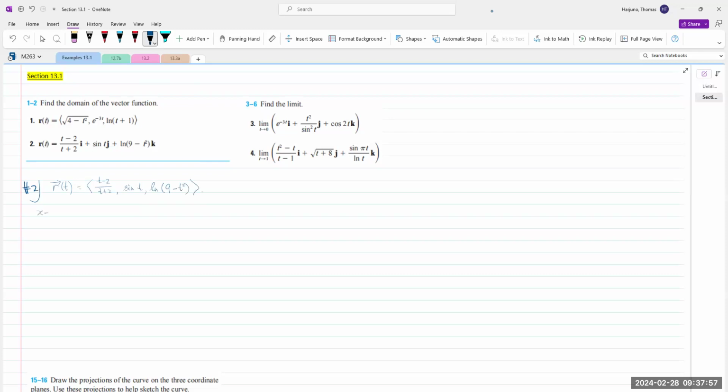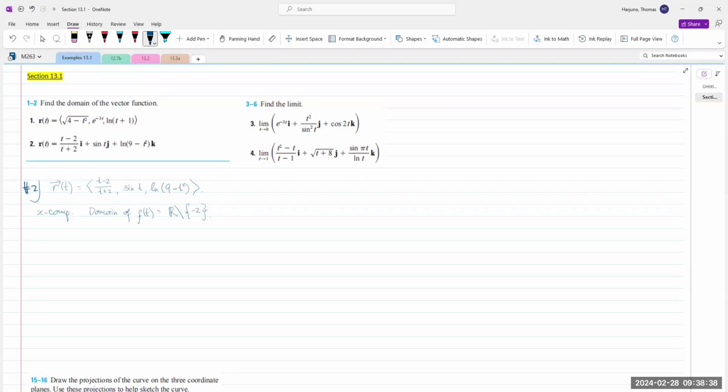Okay, for the x component, the domain for x(t) is all real numbers except t equals negative 2.